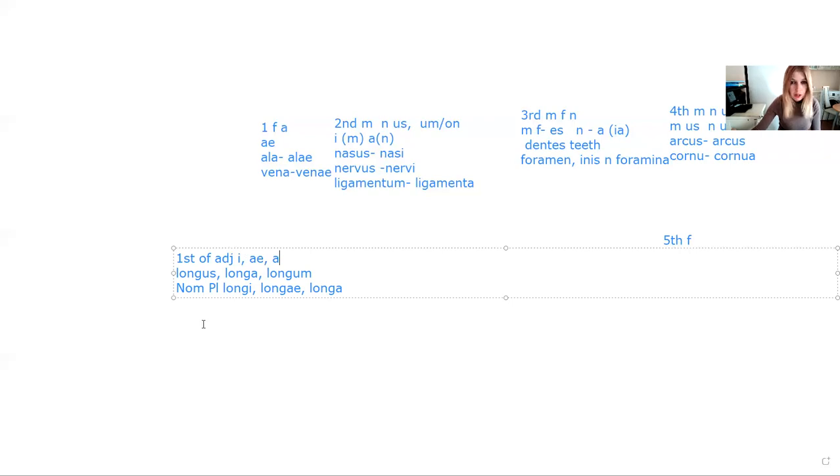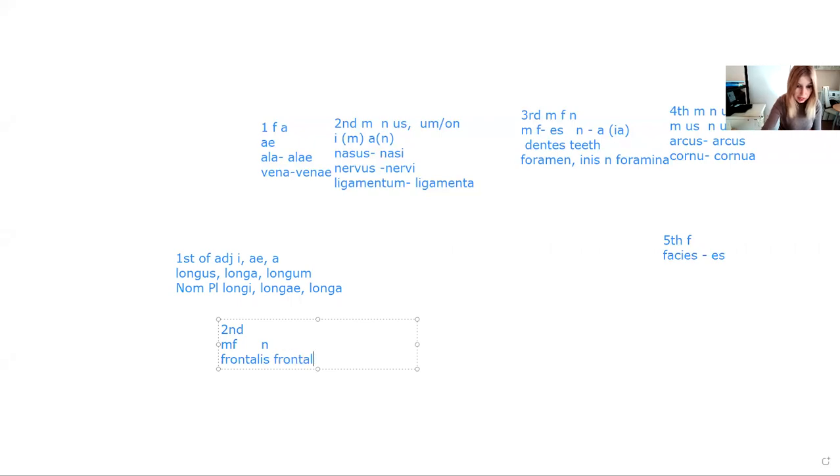Also we have the second group of adjectives. The second group has the same masculine and feminine form and a special ending for the neuter form, like frontalis, but for the neuter gender we will have the ending -e. Frontale.